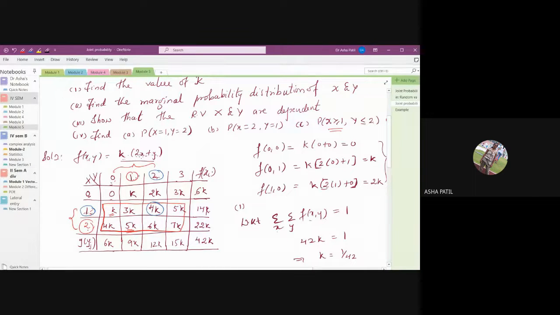X1, y1. So x is 1 means you'll be getting all these values up to 2 here. Up to 2, notice. 3 I should not take. Only these values: x1, y0, x1, y1, and x1, y2. Only up to 2. Now, next value is x2, y0, x2, y1, and x2, y2. So these values, if you add, that will give you the probability.